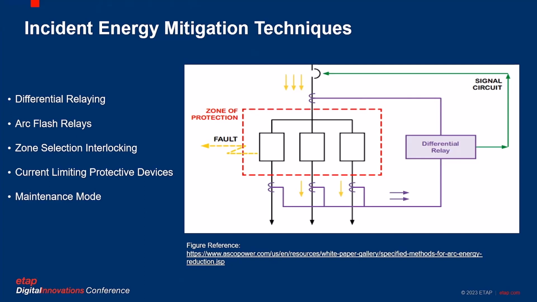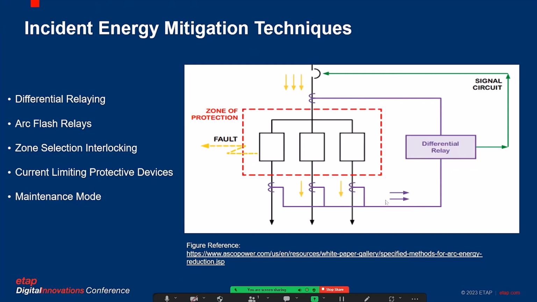Okay. For example, when we're looking at the first case, which is differential relaying, we have a high-level depiction of the protection scheme here, where you see we have multiple CTs monitoring a certain portion of the power system or a zone of protection, where we monitor the current coming into the zone and leaving the zone of protection.